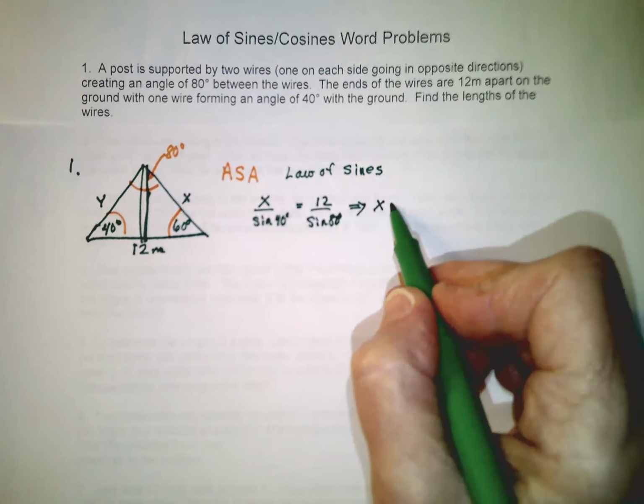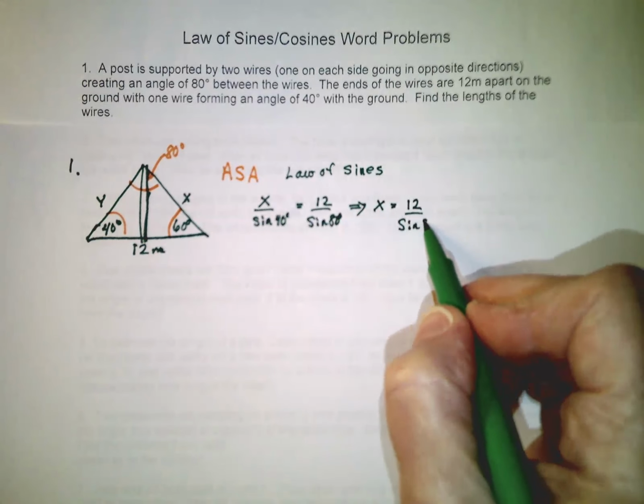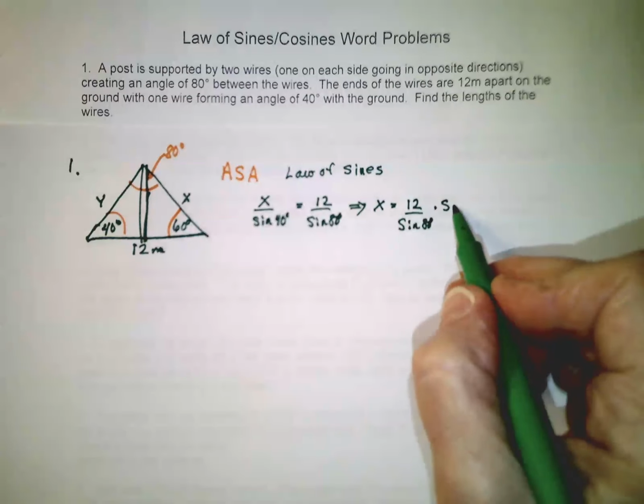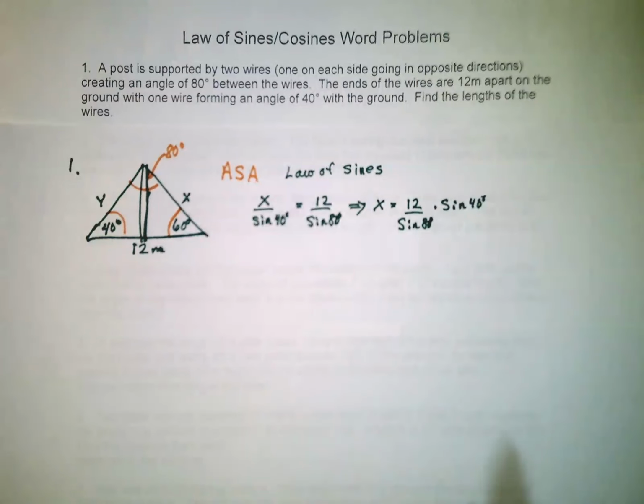So that would imply that X is going to equal 12 divided by the sine of 80 degrees times the sine of 40 degrees. And we can just put all of this into the calculator, find the result.